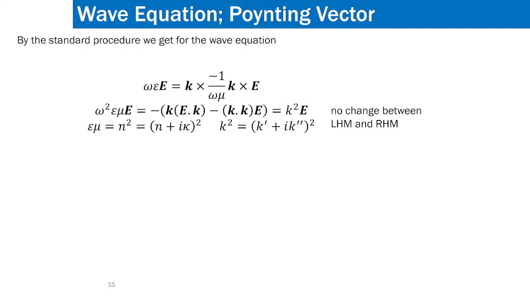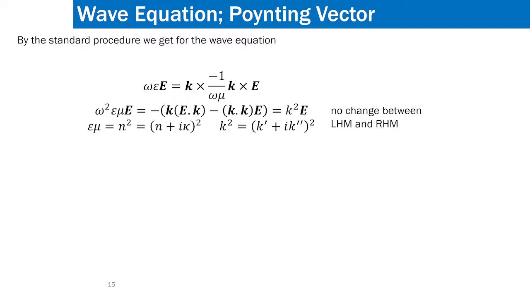And k is equal to k dash plus j k double dash, where k double dash is the imaginary part of the wave vector. It is non-zero in a lossy medium and it is 0 if the medium is not lossy.